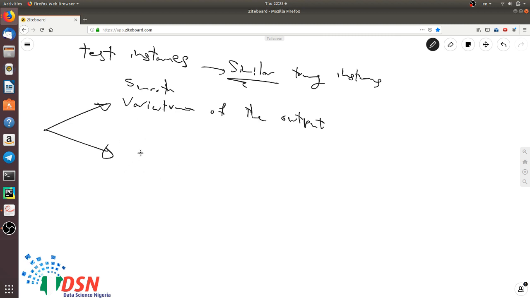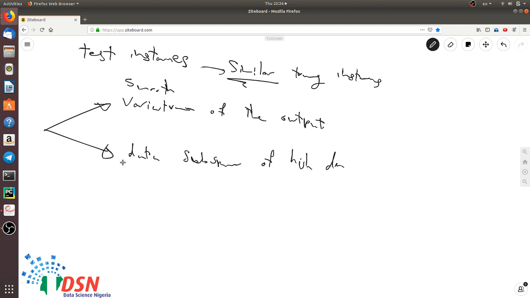The second one is that data occupies a subspace of the high dimensional input space. So if you have very high dimensional data, it assumes that the data subspace has some lower dimension than that high dimensional space.